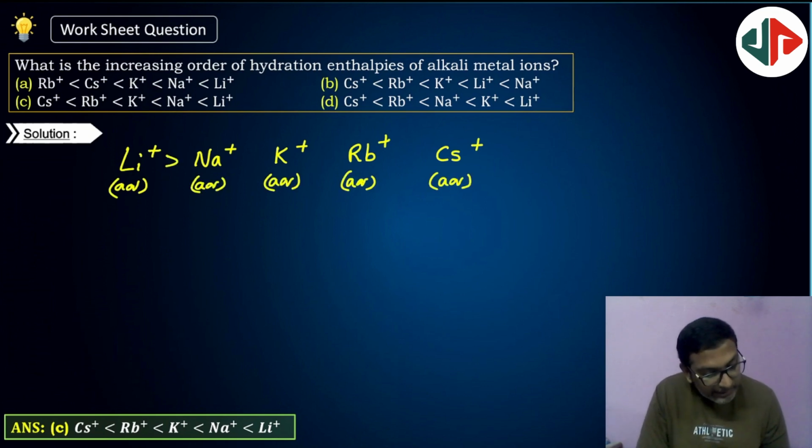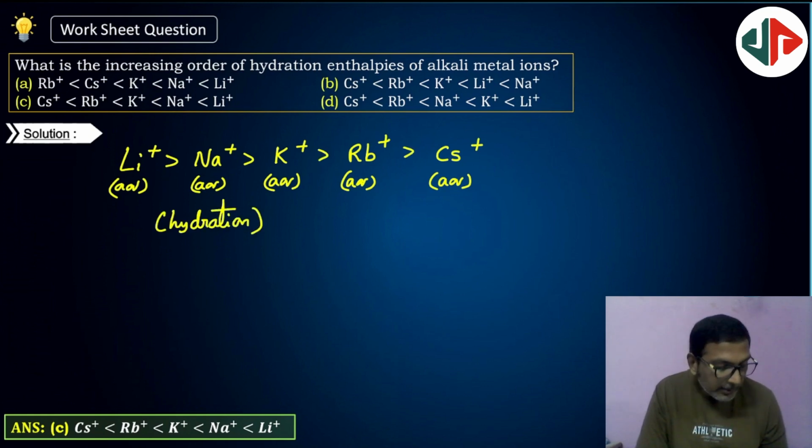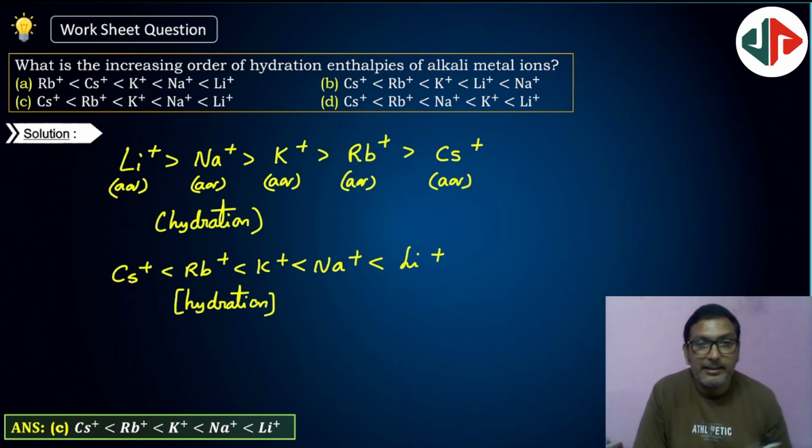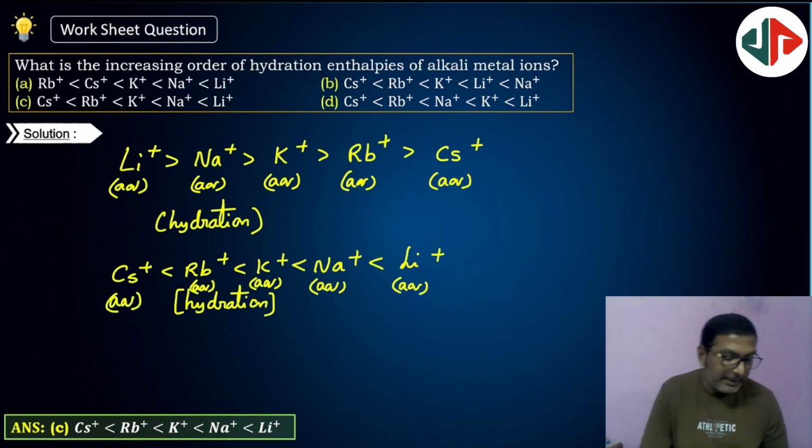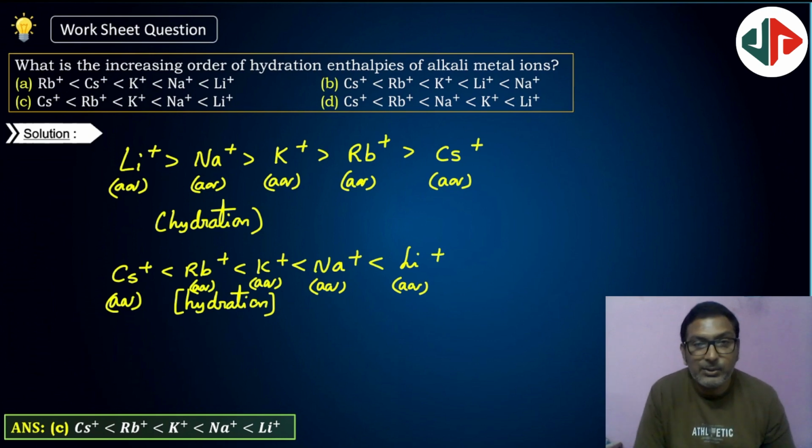Hydration energy is highest for Li+ due to small size. So the increasing order we can write like this: Cs+, Rb+, K+, Na+, and Li+. First one decreasing order, next increasing order, both are correct. Aqueous hydration energy increases from cesium to Li+. So option C.